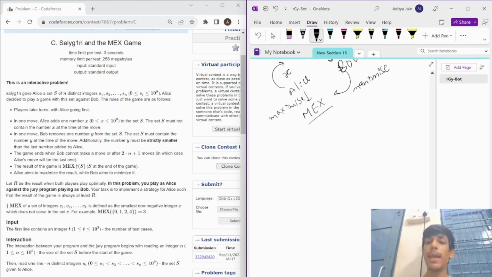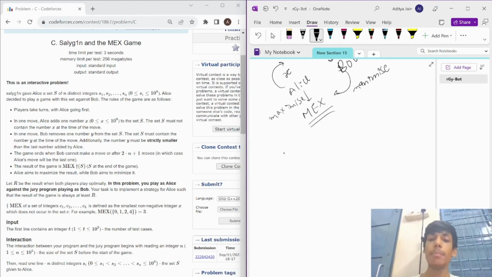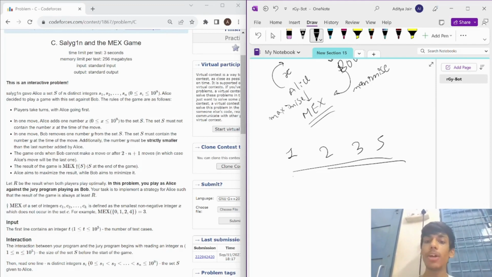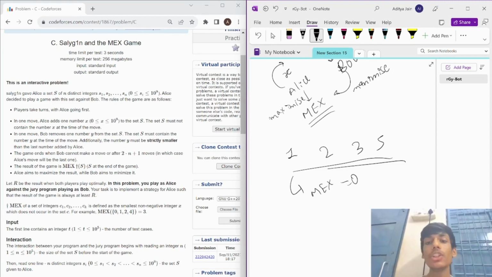So what is max? Max is basically the smallest non-negative integer which is not present in this array. For example, if you have an array of 1, 2, 3, 5, what is the max of this array? The max of this array is 0. This is because 0 is the smallest non-negative integer which is not present in this array.